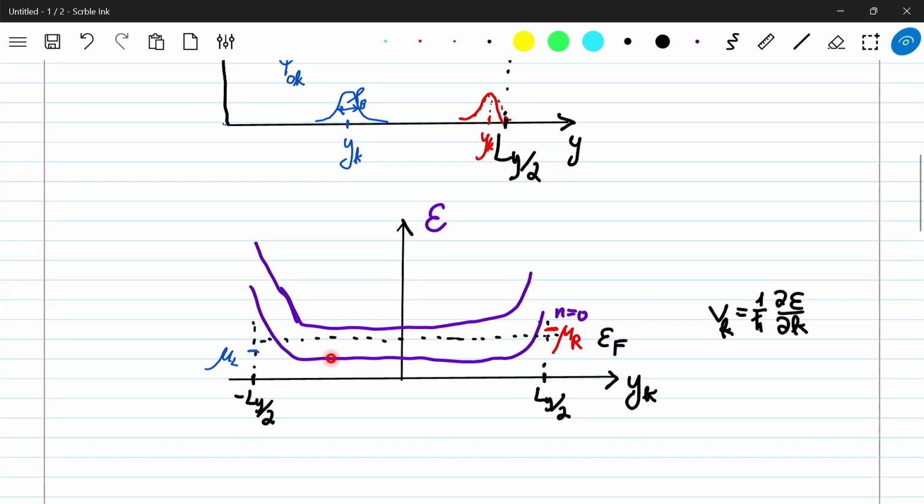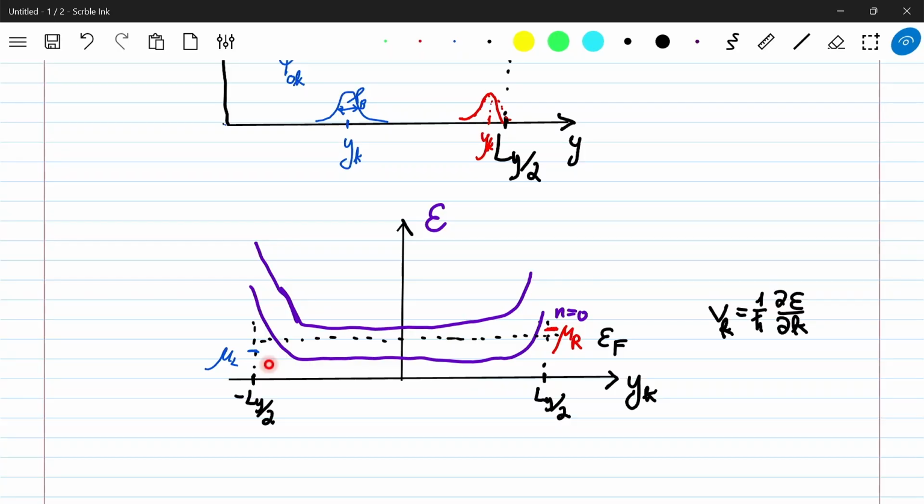So this velocity in the bulk states is 0. But near the edge there is some finite velocity, and notice that near one edge we have positive velocity, in the other we have negative. And what is this velocity? It's just the local slope of the potential.